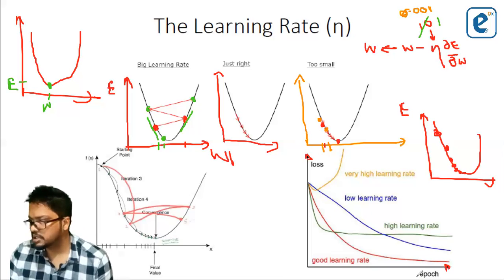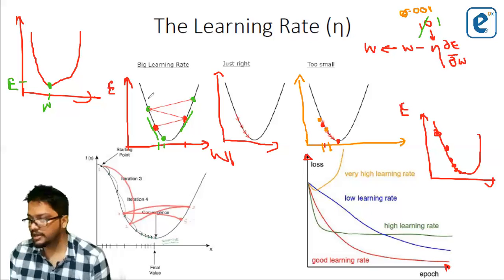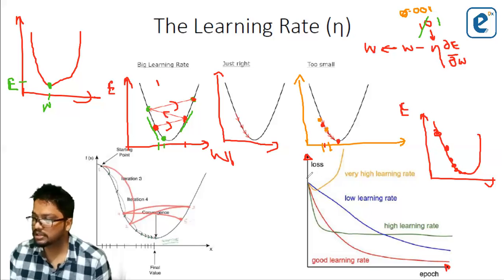We increase the number of epochs and measure the loss, right? In case number one, if you have a big learning rate, when you increase the number of epochs, the error is going to increase like this. You can see the loss will be increased.